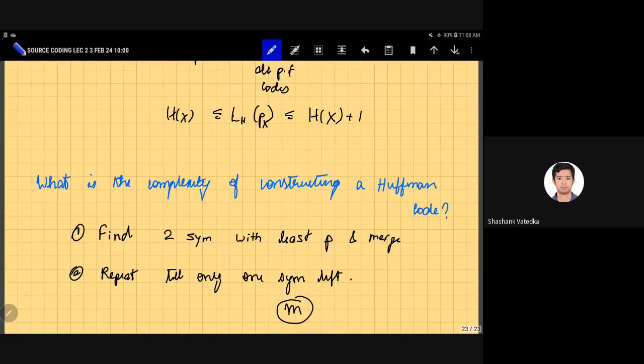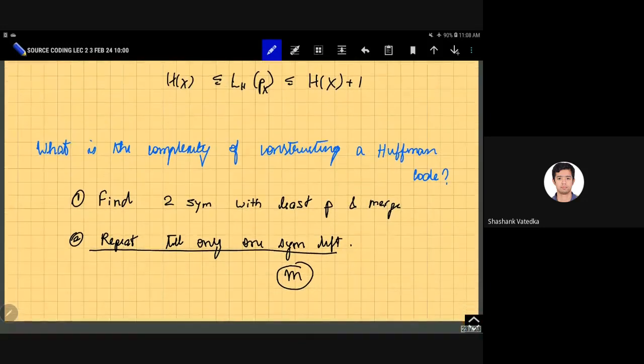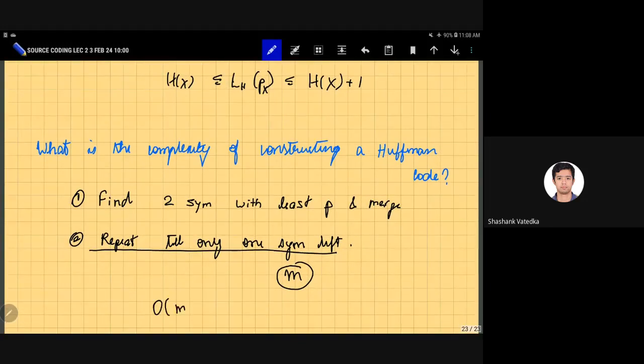It's order m log m, because first you need to find the two symbols with the least probability, and overall this will take order log m operations, but then you need to do this at each step. The number of steps that you have to do this for is m, or m minus 1 steps. So the overall complexity is order m log m.